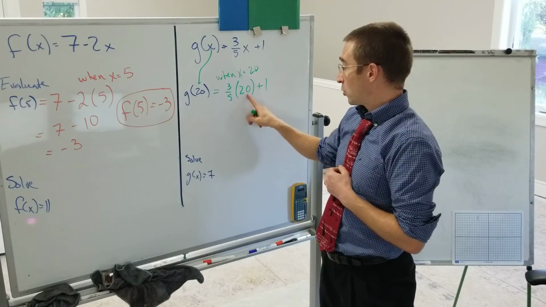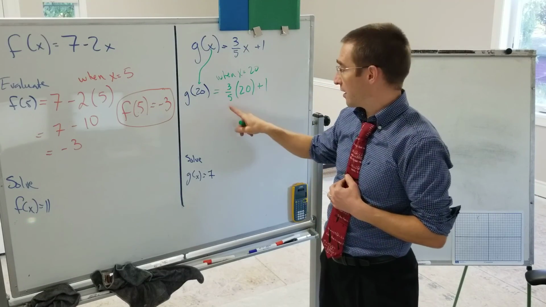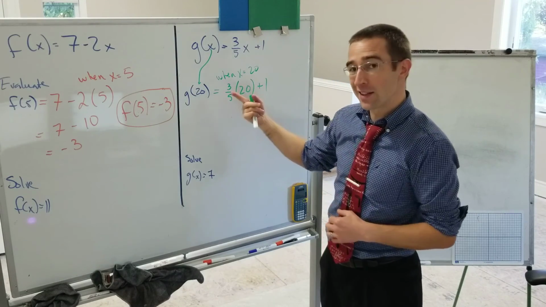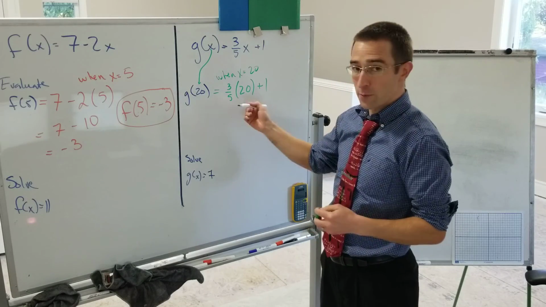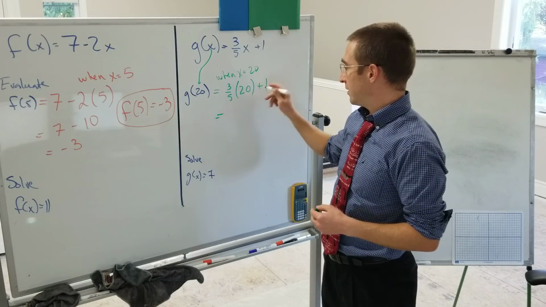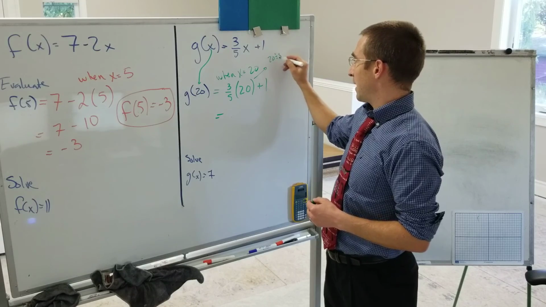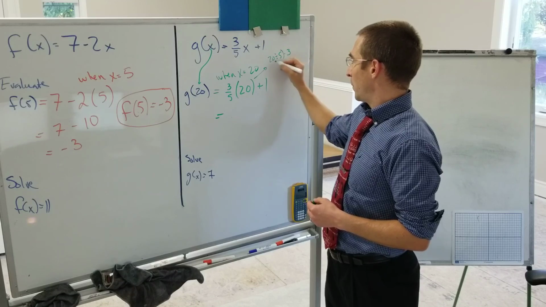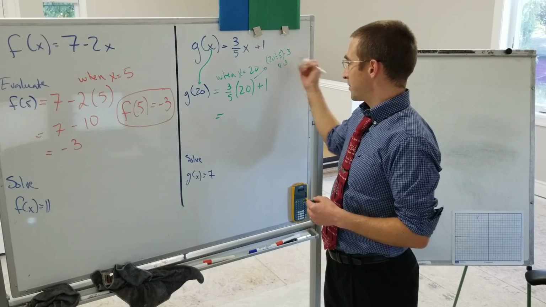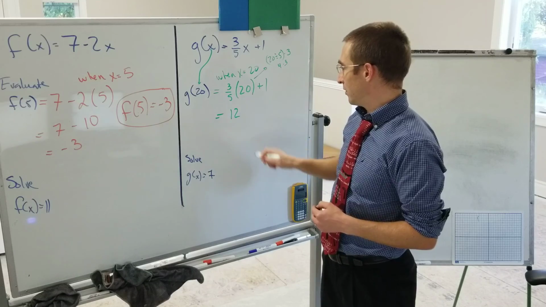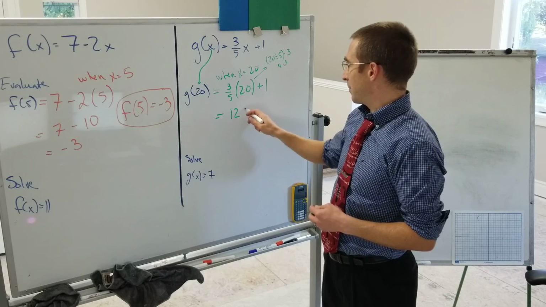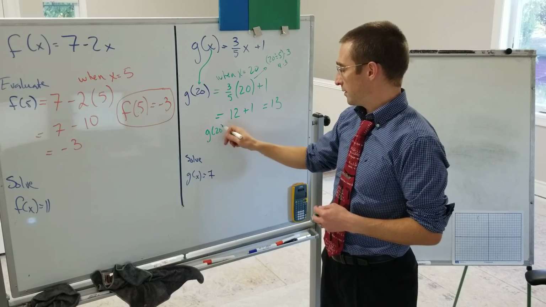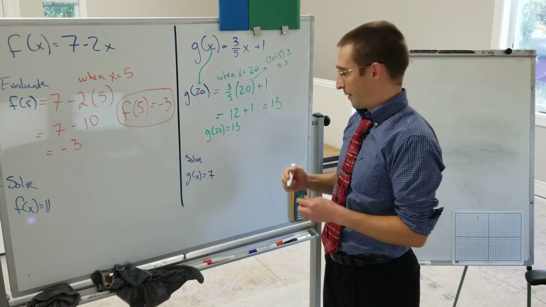So we can either go 20 times 3 and then divide by 5, or I can go 20 divided by 5 and then times 3. So that's what we're going to do, in this order. 20 divided by 5 is 4. 4 times 3 is 12. So here I get 12. And then plus 1 is 13. So we say g of 20 equals 13.